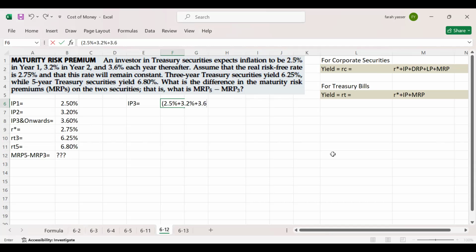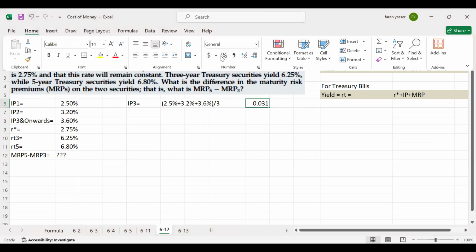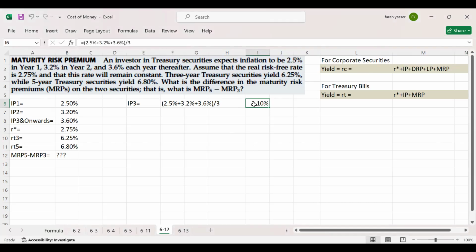Because this is an average, it will be divided by 3. So this 3 years average inflation would be how much? We will calculate it as a percentage. 3.1 is the answer. 3.1% is the average inflation for 3 years.